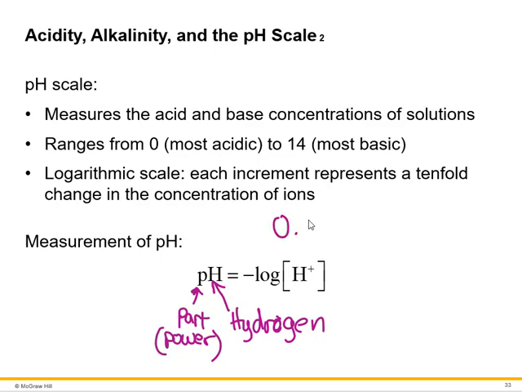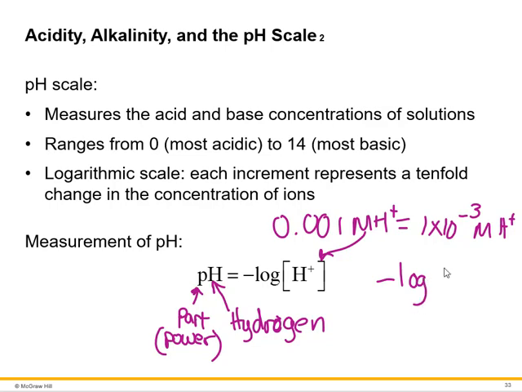And so if you had a 0.001 molar hydrogen ion solution, this would be equal to 1 times 10 to the negative 3 molar of hydrogen ion. And so the negative log of 1 times 10 to the negative 3, we usually put brackets around, not parentheses.